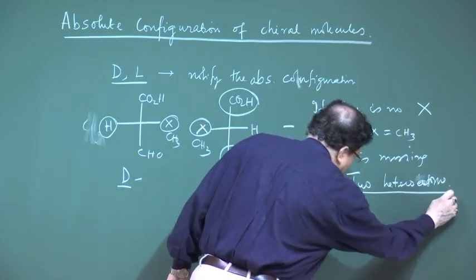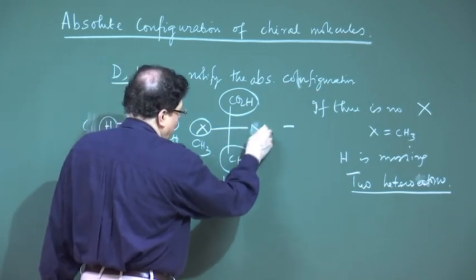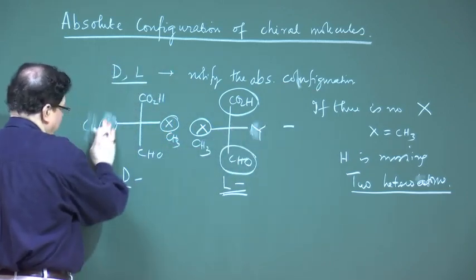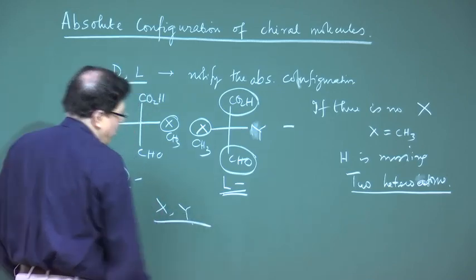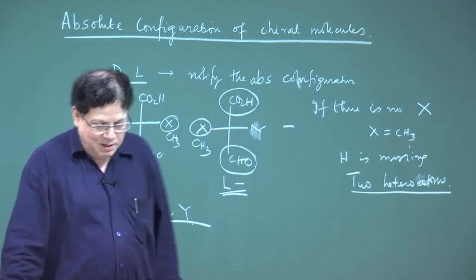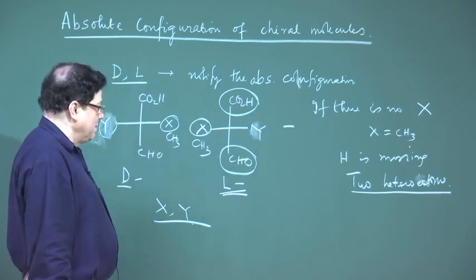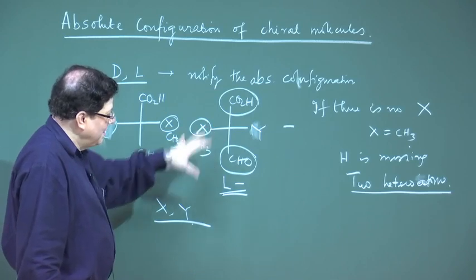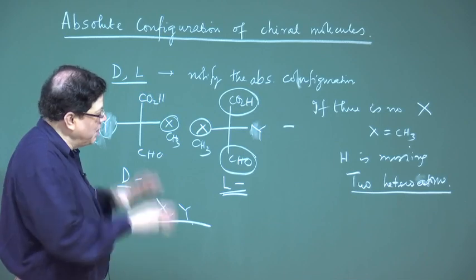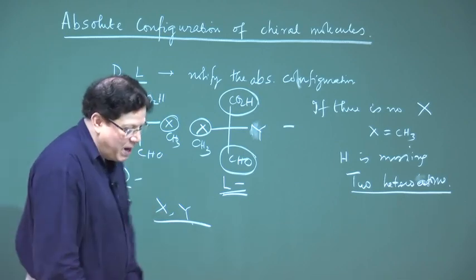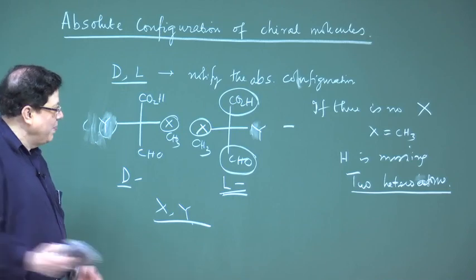Then you have two heteroatoms, maybe different, X and Y. Then the problem is which one should get preference so that I can consider right or left. So, in these cases it fails, that means it is not a general absolute configuration. There must be some better way of looking at these molecules and naming them accordingly.